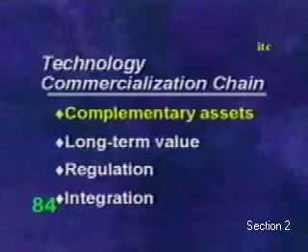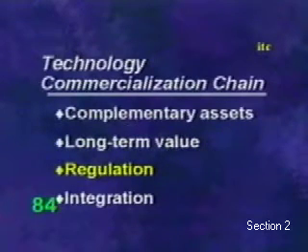Next, the organization must decide between producing and selling the end products worldwide on one's own versus engaging the cooperation of others. Long-term value of the product can be enhanced through a variety of measures.